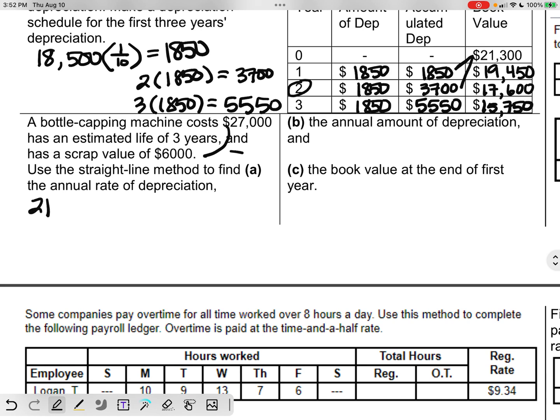That'll put you at 21,000. Given that your time is 3 years, you're going to do the ratio of 1 to 3 to keep it a straight line. So calculating a third, 21 divided by 3 is 7, so I'm at 7,000. That's going to be how much I lose.